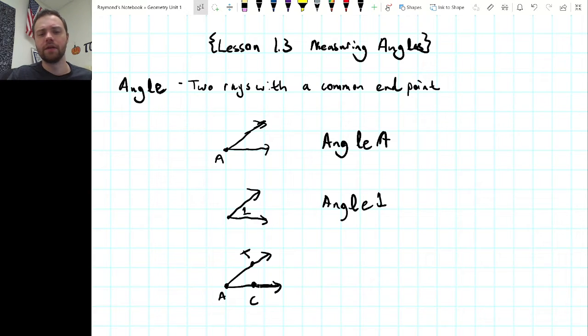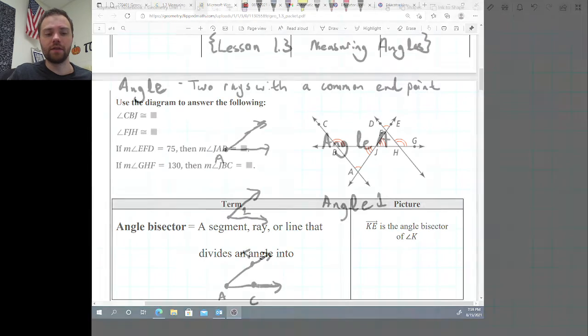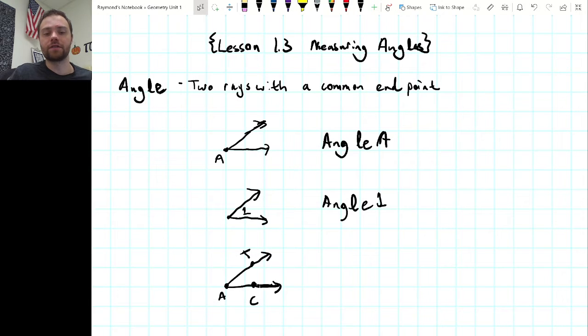So the first angle, if it's only one single angle and there's not a large diagram like this, right? So you've got a bunch of different lines intersecting in different angles. But if there's only one angle like this, and the vertex, the turning point there, that sharp turn there, is labeled with a letter, you can refer to it as angle A, okay?